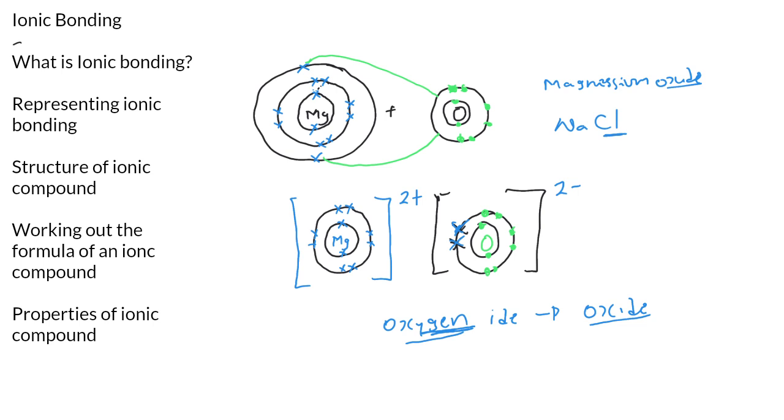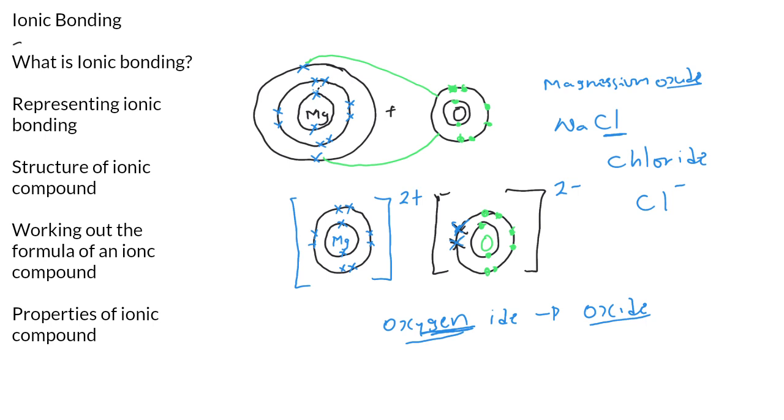It's because chlorine has gained an electron. Remember, the metal will retain their own name. They are the ones losing the electrons, so they always retain their names. So it's sodium chloride. So when you hear something like chloride, chloride is an ion. So it's going to be written as Cl-.